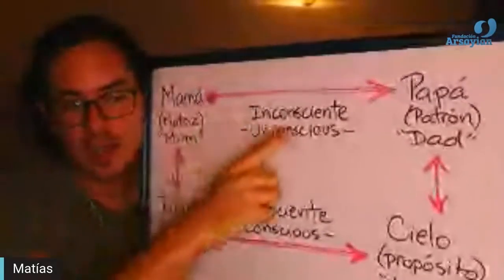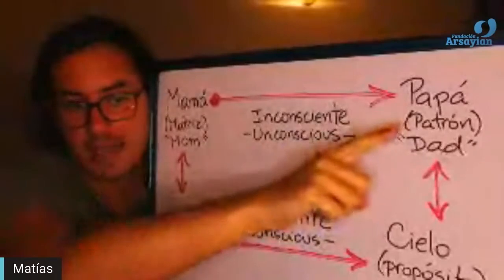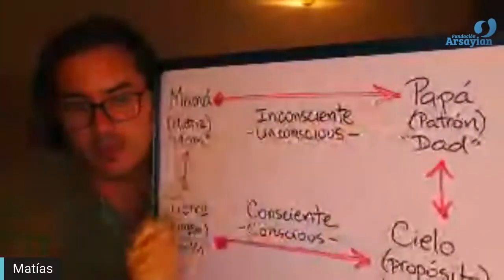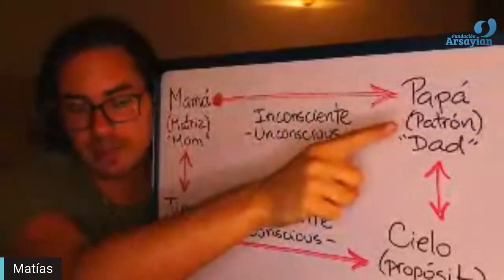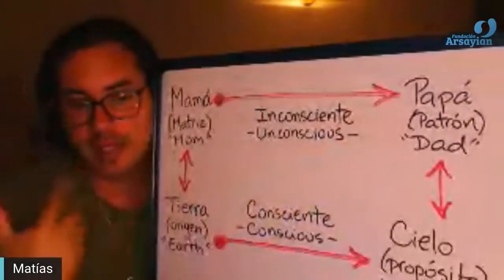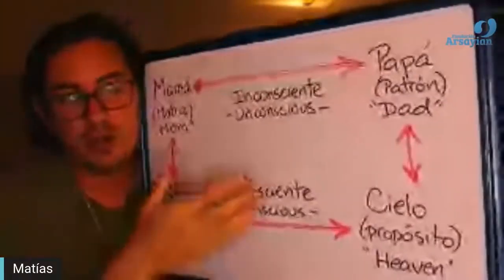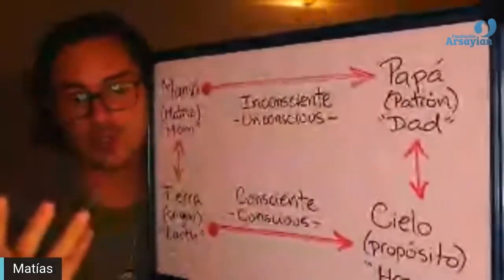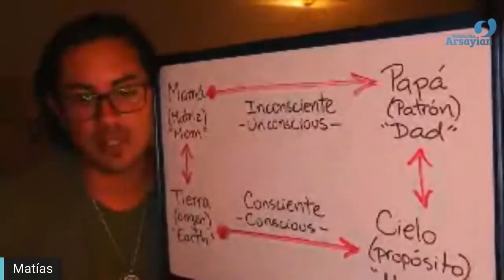And on the other side, we have dad, which is pattern. The name dad, papa, comes from father, comes from pattern. So the pattern is the lines that we have to follow, like the laws of the universe. The laws of the universe are the ones that bring us to a purpose, to understand that we have to move forward, or what are the lines that we have to keep moving.